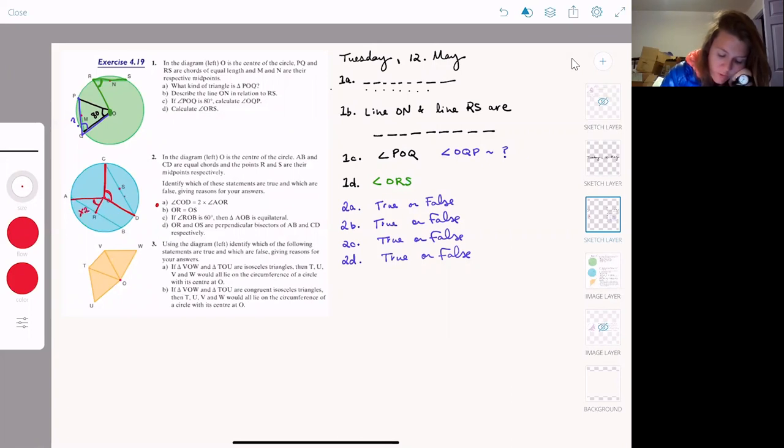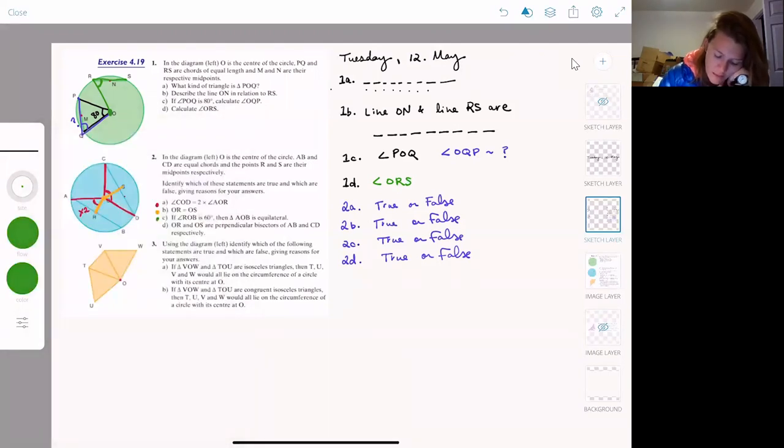So this one is going to be twice of that angle, true or false. Next, OR equals OS. Are those two congruent? That's going to be B.